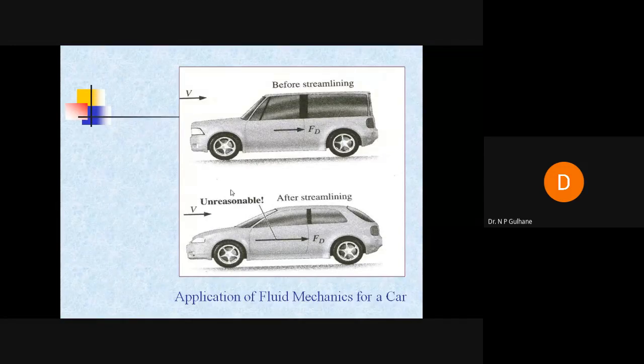Because of the application of many software tools, and specifically fluid mechanics application to cars using this CFD analysis, we could reach the highest and perfect economical design these days. So this is the beautiful application of computational fluid dynamics.